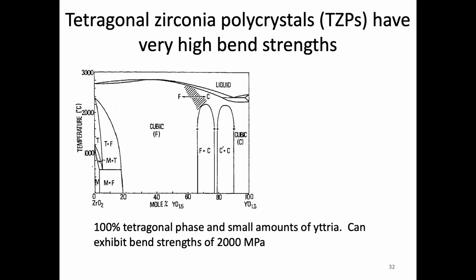Well, if we can get all of those tetragonal crystals, then that would obviously be good, right? Because then they can all transform and change phase. And so that's what we're doing here: we have 100% of the tetragonal phase with small amounts of yttria, and this can give us really high bend strengths and so forth because of this shielding effect. The strain and the amount that we have is very high.